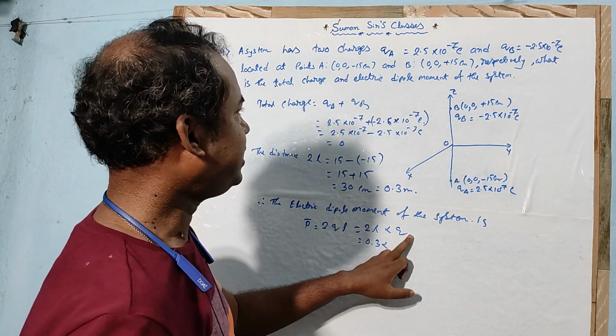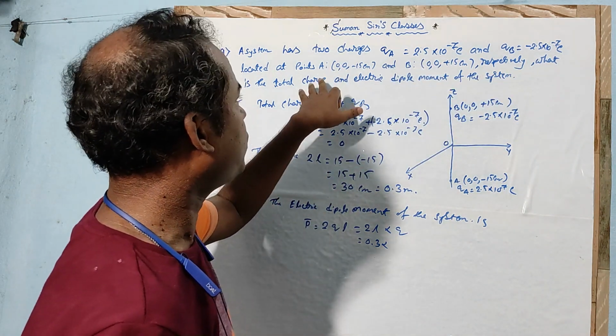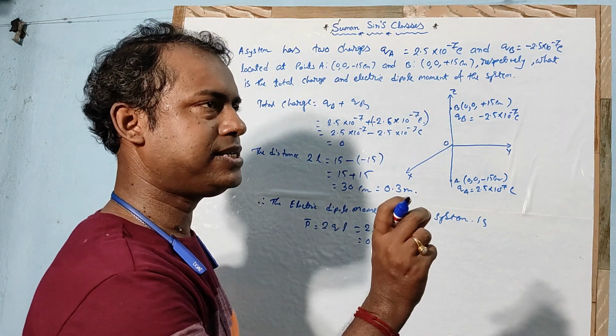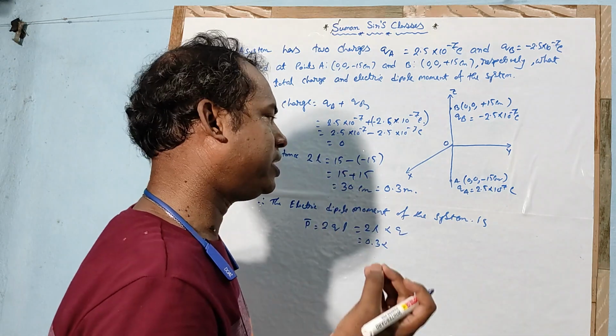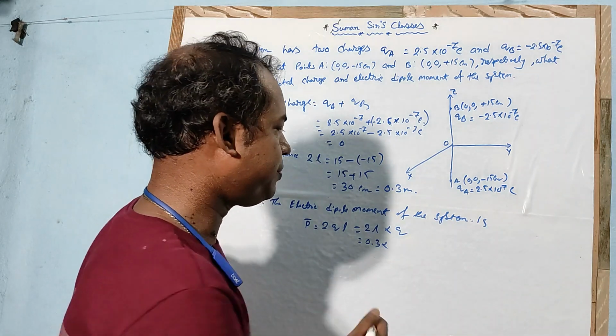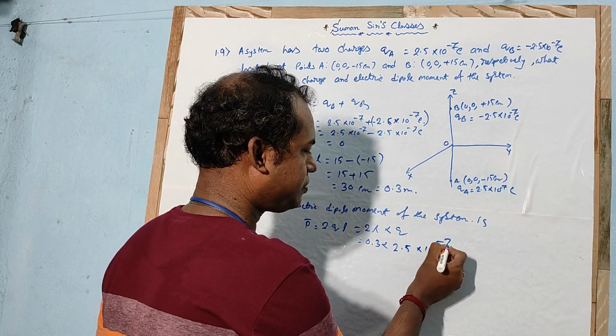Now here, Q is the charge of any one of the charges. The electric dipole moment, that we know, is Q into 2L. Q is the charge of any of the charges, so here we consider Q as 2.5 × 10 to the power minus 7.